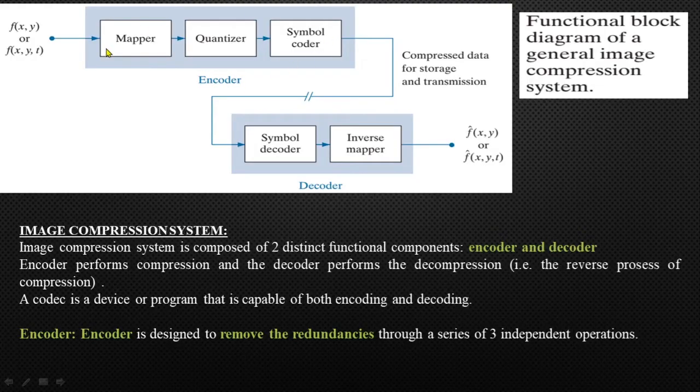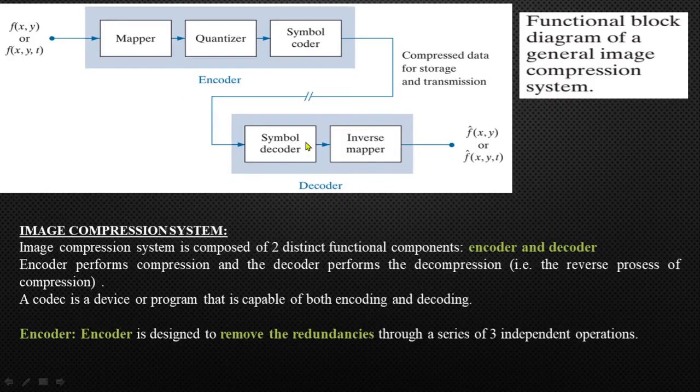In the encoder, there are three blocks: mapper, quantizer, and symbol coder. These three blocks reduce three redundancies: spatial and temporal redundancy, psycho-visual redundancy or irrelevant information, and coding redundancy.